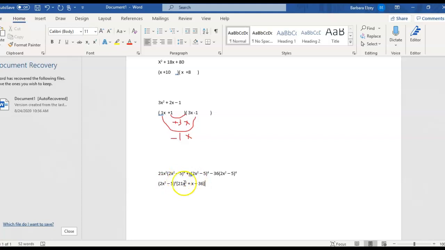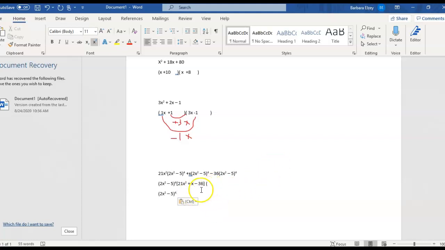Alright, now I've got to factor this stuff right here, just like I factored this stuff right here. So I'm going to carry that 2x squared minus 5 to the 4th down to the next step. It's just going to hang around with us.